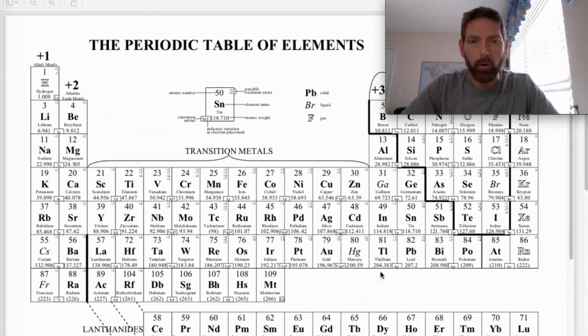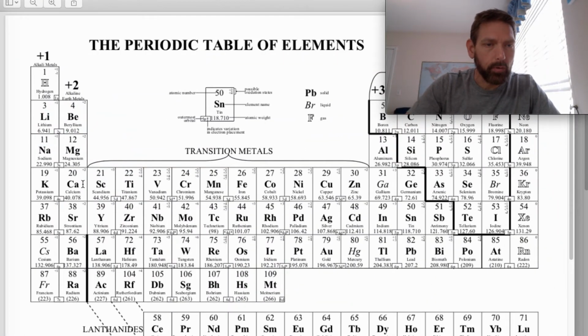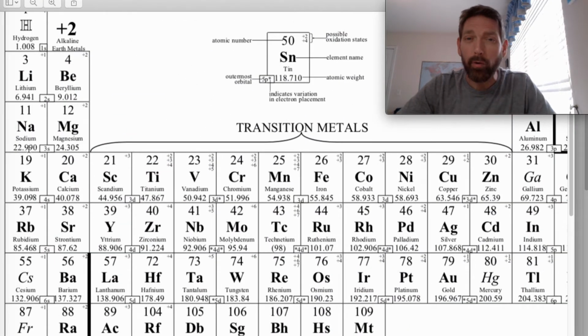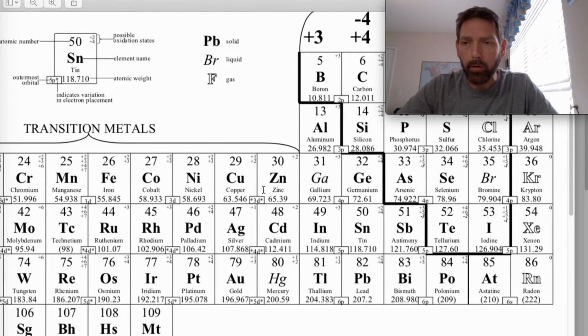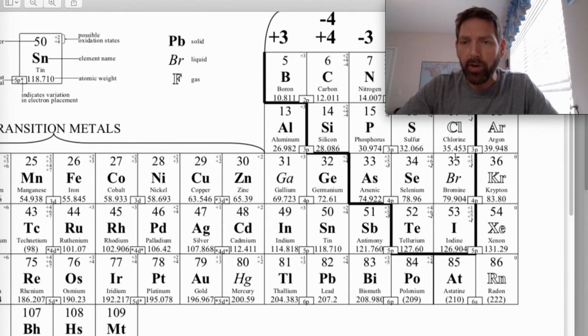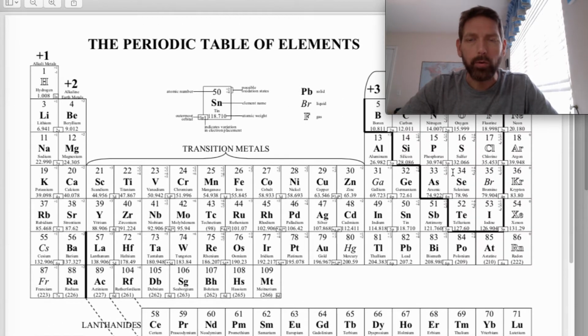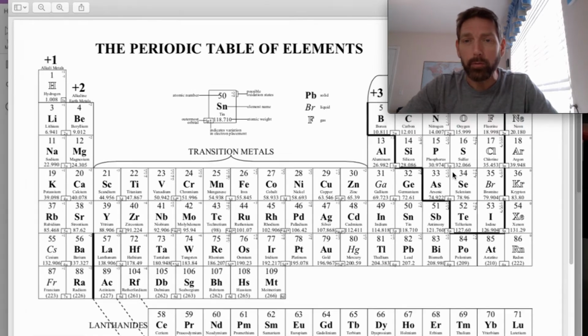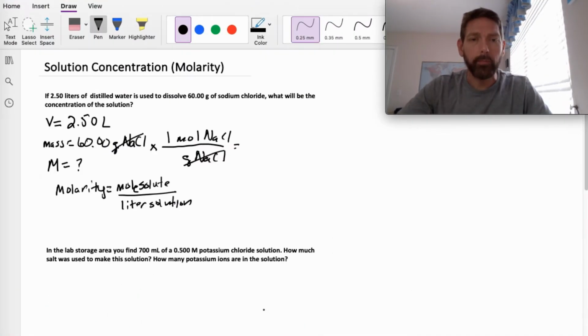So if we go back to our periodic table. Remember sodium 22.99 because we're going to use 2 sig figs. And then chlorine we see over here 35.45. That 3 is not going to round it up. So those are going to be the numbers that we will use to figure all this out. So we're going to come back over here. We've got 22.